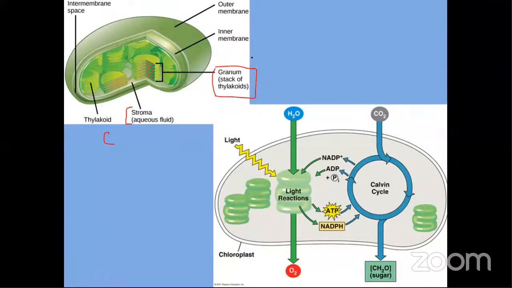What is this thylakoid, this granum, this stroma? Simple. The fluid which is filled is called the stroma, while granum, always remember, is like a stack of books or a stack of coins. That is the grana. And if you pick one book or one coin from them, that becomes the thylakoid.